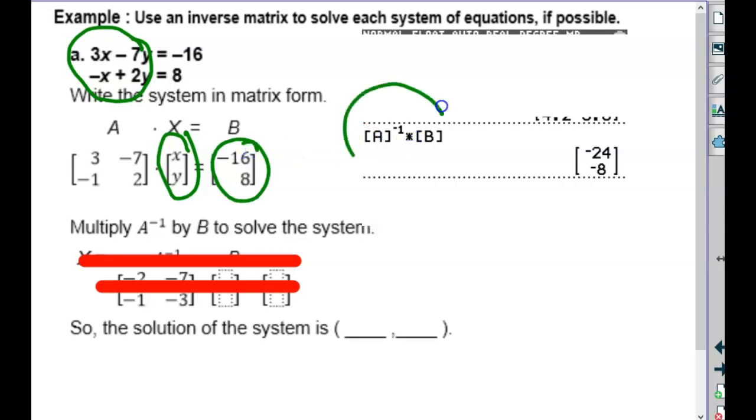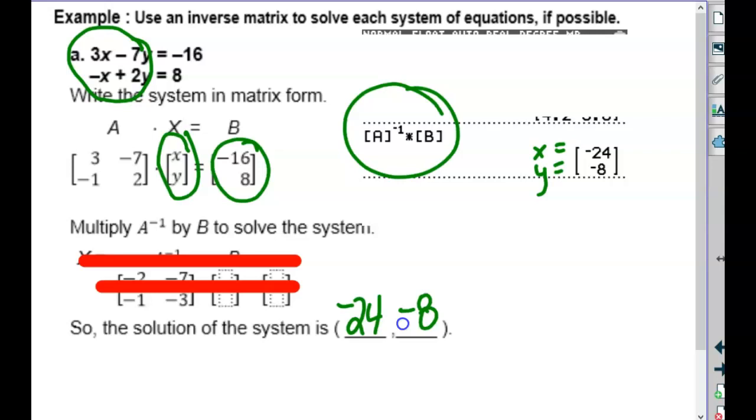Then on my home screen, do you see what I did here? A, then that little -1 button times B, and I got this. What does that mean the system solution is? What is X, guys? And Y, this is the XY that we found. So Y is -8.